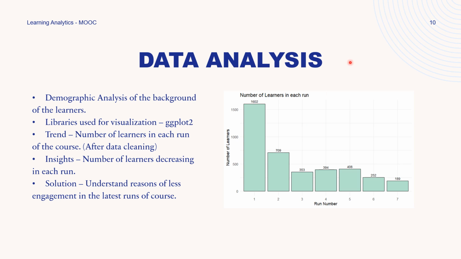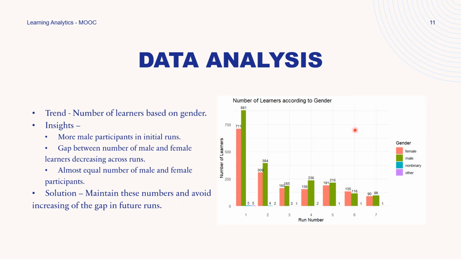The first analysis I've carried out is about the number of learners in each run. From this, we can take the insight that the number of learners is decreasing in each run. The solution for this would be to find out the reason for the less engagement of the learners in the course. The next analysis I've carried out is the number of learners according to gender.